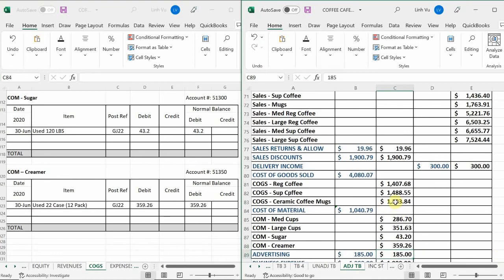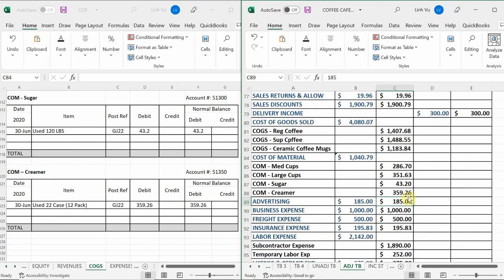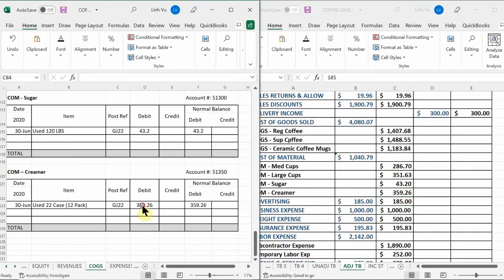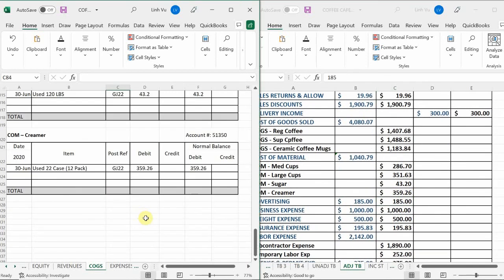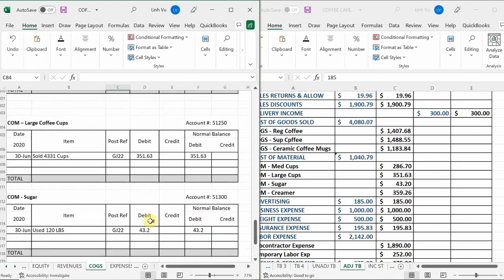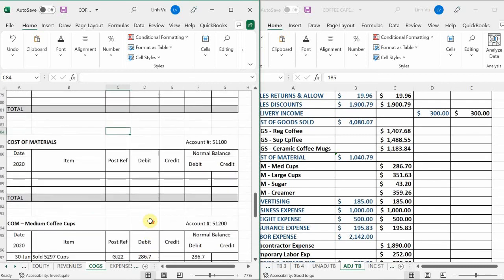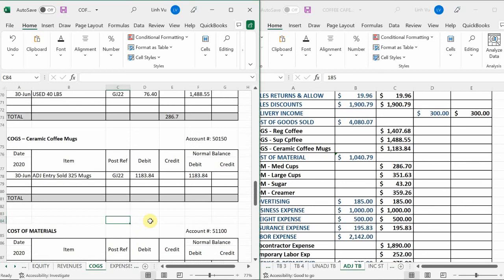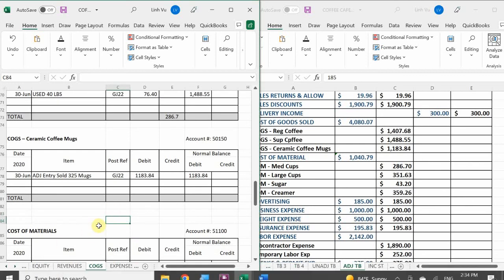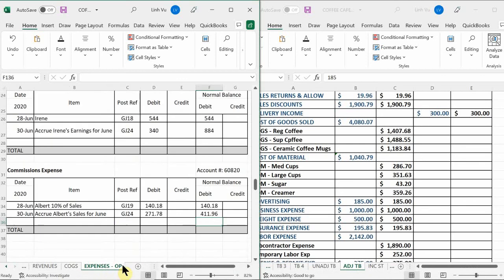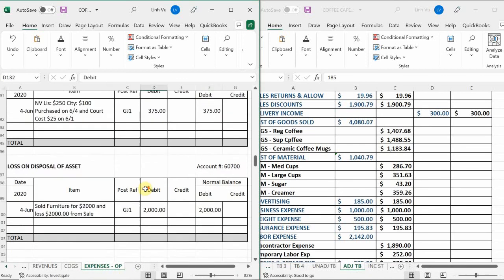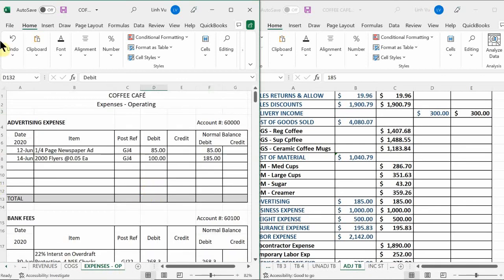Okay. So I had a grand total here of my cost of materials to be a total of $1,040.79. Okay. So now that cost of goods sold and cost of materials is done, I can move on to my last section, which is my expenses.